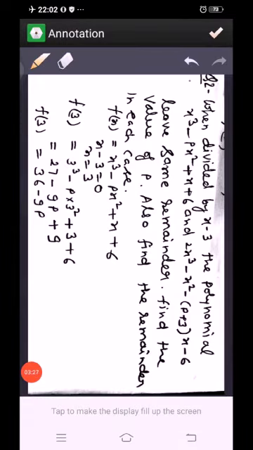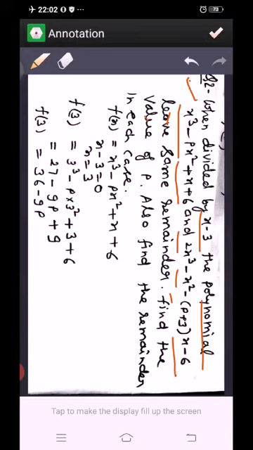Let's take one more question. When divided by x minus 3, the polynomials x cube minus p x square plus x plus 6 and 2x cube minus x square minus (p plus 3) into x minus 6 leave the same remainder.